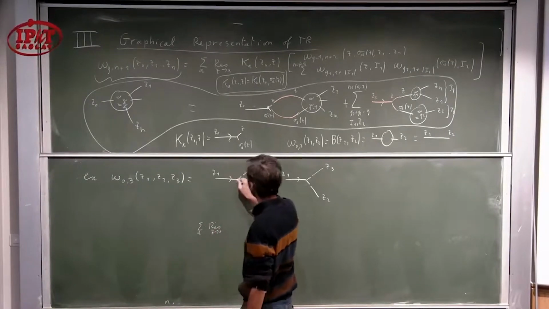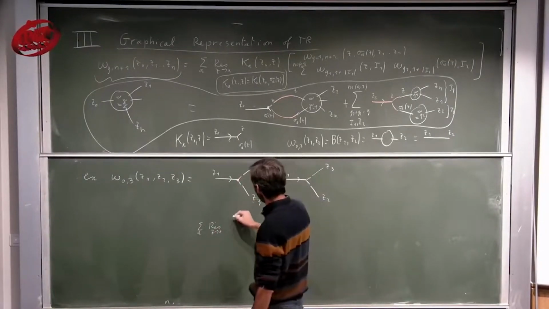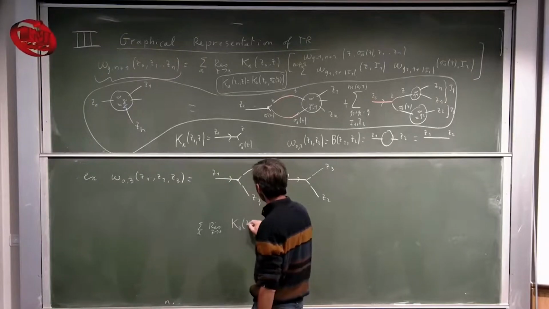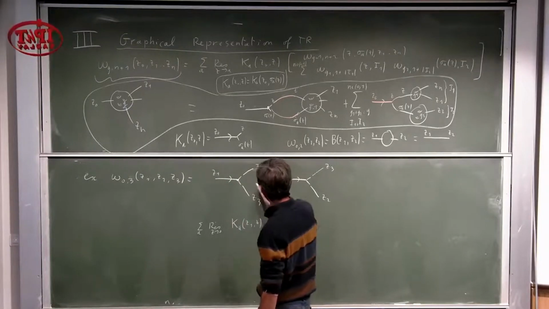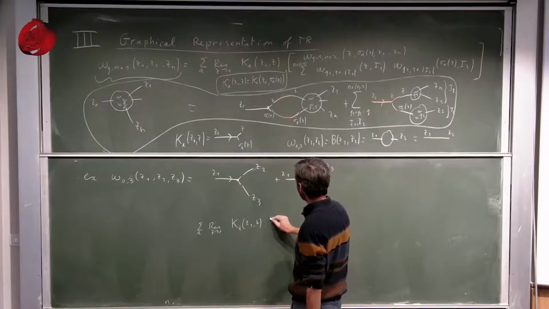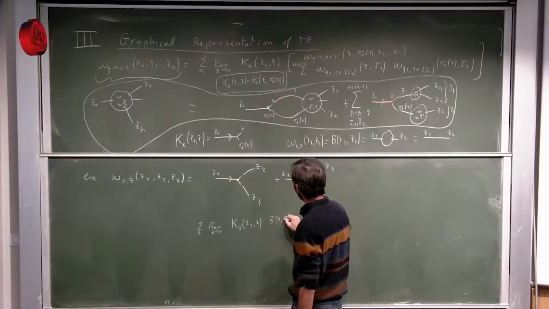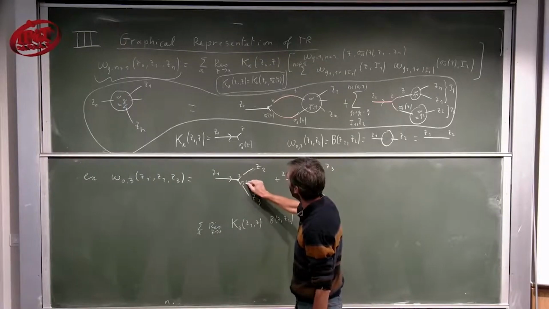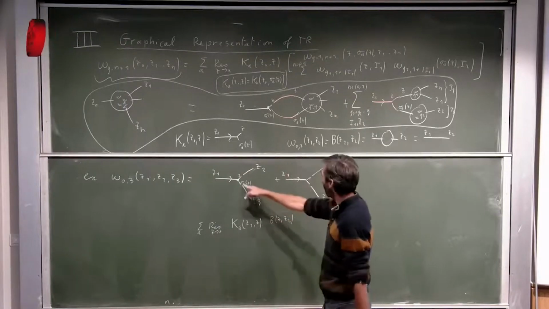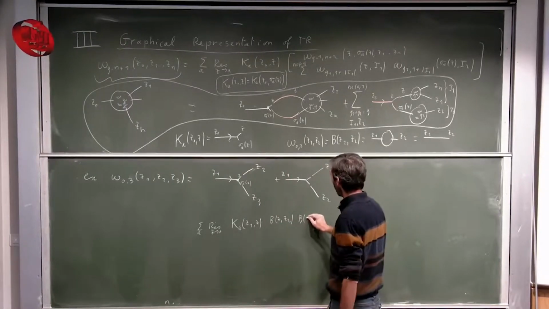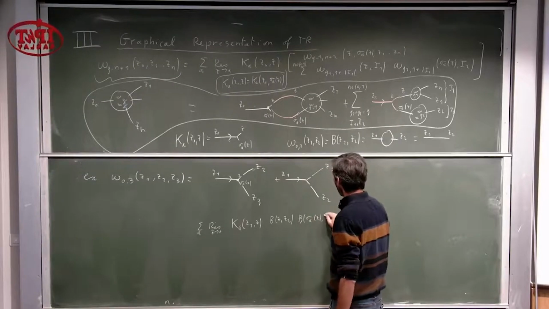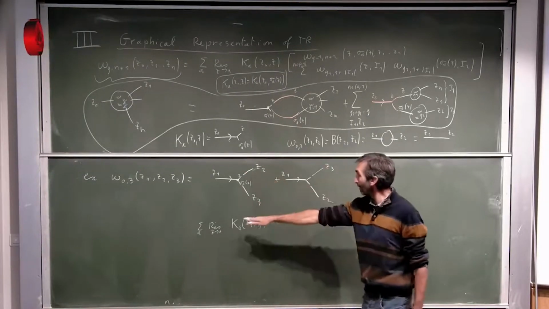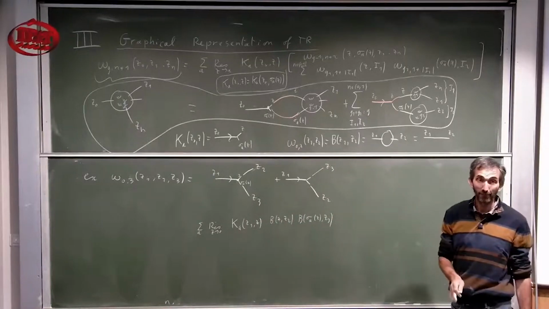The edge is the kernel K, K(Z1, Z). This edge is B of Z, Z2. On this edge, it is Z on sigma i of Z, and this edge is B of sigma i of Z, Z3. So this picture just means this formula.